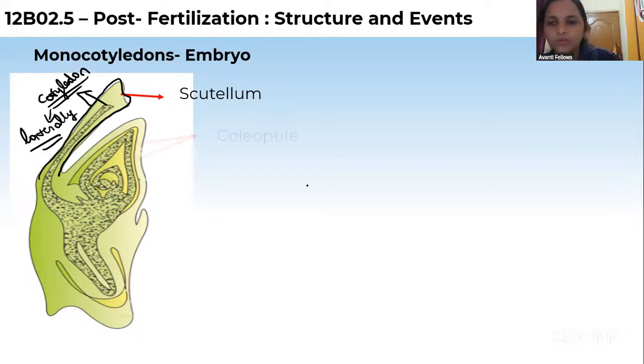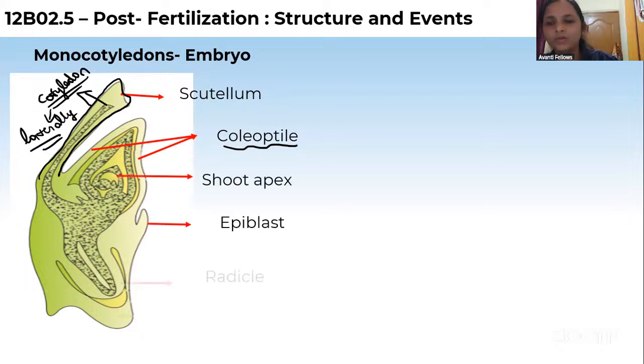Now here you can see that structure, the coleoptile. Coleoptile is the structure that is present here, and it covers the shoot.